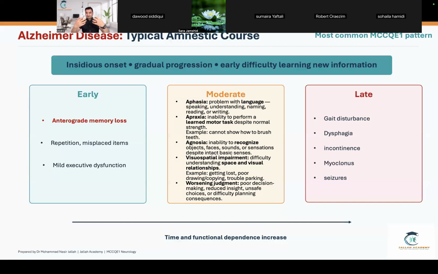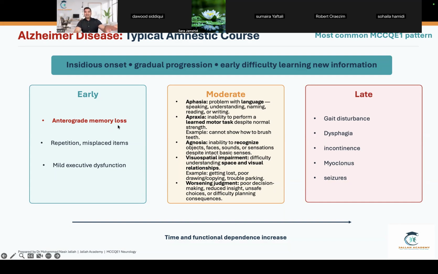He does not get new memories digested or absorbed, so he cannot memorize new stuff. The start is very slow, very quiet, and very subtle, and then it gradually gets worse. New stuff, he cannot memorize. He has difficulty learning new information. So, early anterograde memory loss.